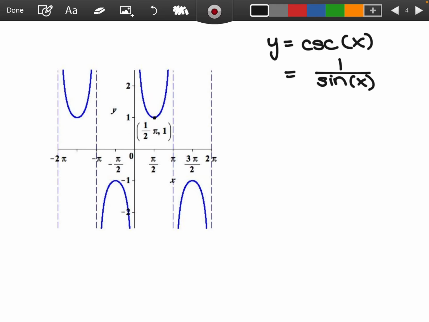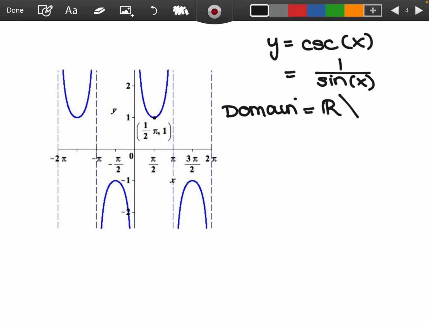At every multiple of pi, that was where the sine function crossed the x-axis, which means that the sine of every integer multiple of pi was 0, which means that the cosecant at those angles is going to be undefined because I get 1 divided by 0.